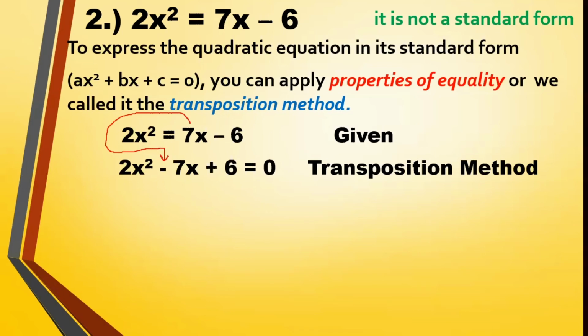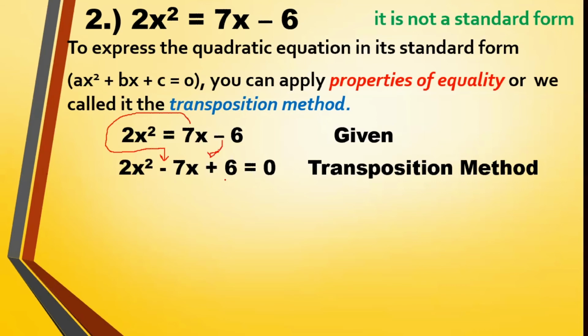Very good. And for the negative 6, which is the whole number, we move it to the left side of the equals, and it becomes positive. And in standard form, it should always be equal to 0. Any question? None.